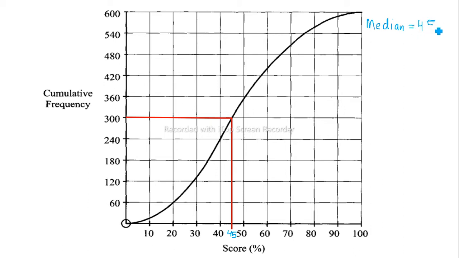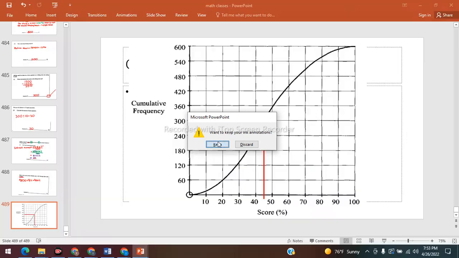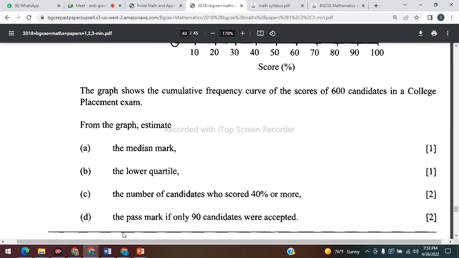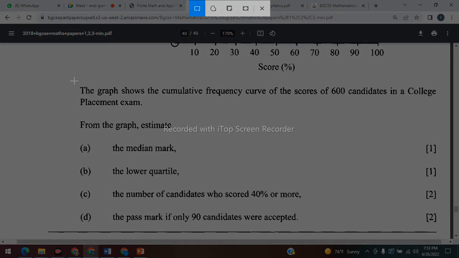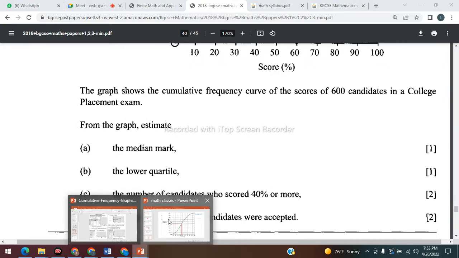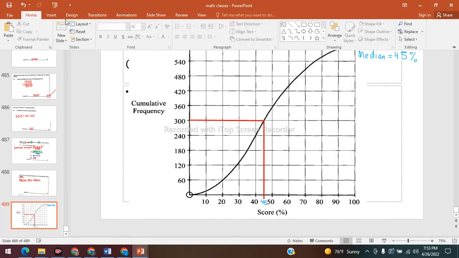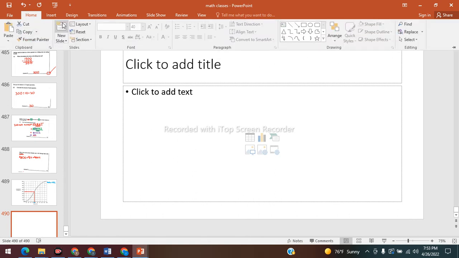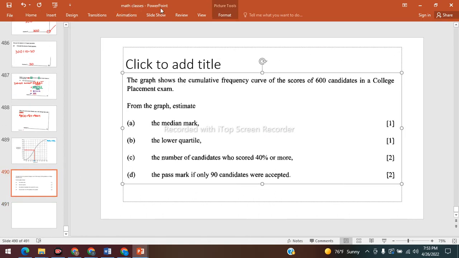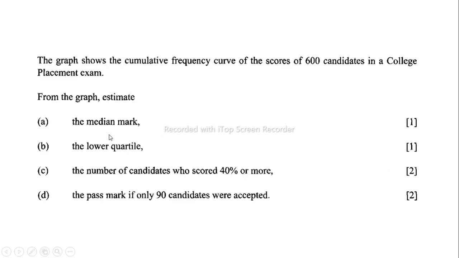Don't forget the percent. So the median mark is 45%.